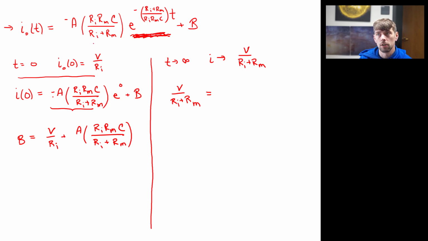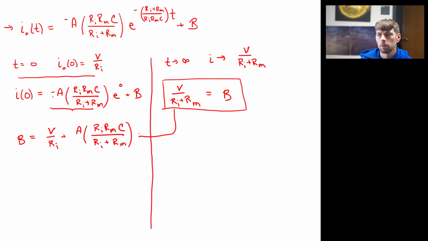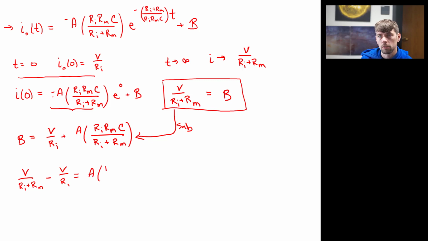This term goes to 0, which means the first term in this expression is 0, and I get just B left over. Okay, well, now we have an expression for B. We should be able to go through and plug it in here. So maybe I didn't need that dividing line at all, and figure out what A has to be. So plugging that in, we have V over Ri plus Rm minus V over Ri is equal to A times rigmarole.